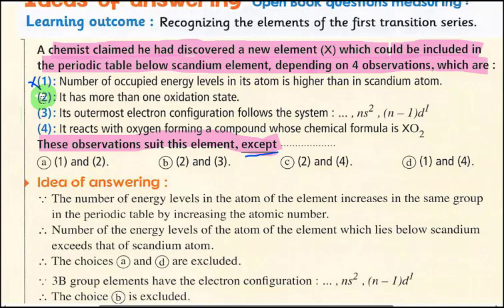Okay, 2. It is wrong, but it is correct because we want the wrong. Okay, the third option is its outermost electron configuration follows the system ns2 n-1 d1. Scandium, if you remember with me, it is 21, argon 18, 4s2 and 3d1.